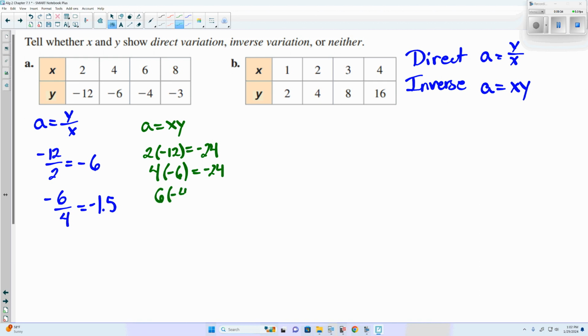Next one, 6 times negative 4 is negative 24. And the last one, 8 times negative 3. So this is an inverse variation because when we multiplied the x and y's together, we got the same constant term for all of them. And that's it.